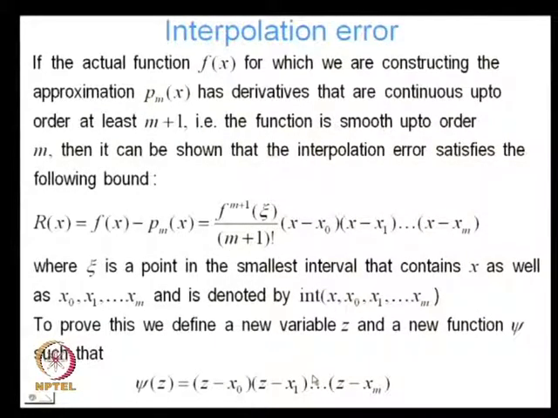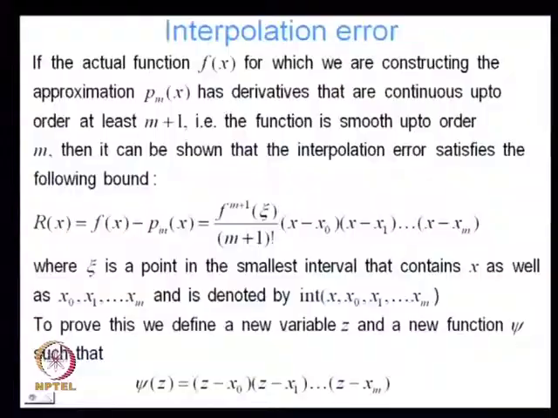If the actual function f of x for which we are constructing the approximation P_m(x) has derivatives that are continuous up to order at least m plus 1, that is one order higher than the polynomial I am constructing to approximate that function, then I can write an expression for the error. My function f of x is maybe much higher order. It need not necessarily be an mth order polynomial, it can be of higher order, right.